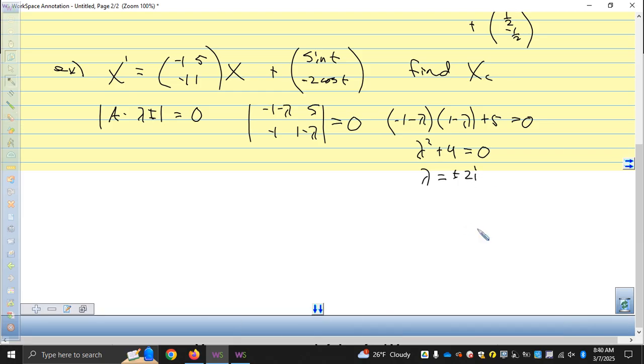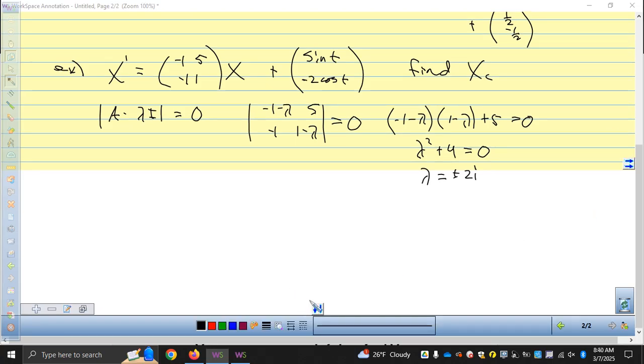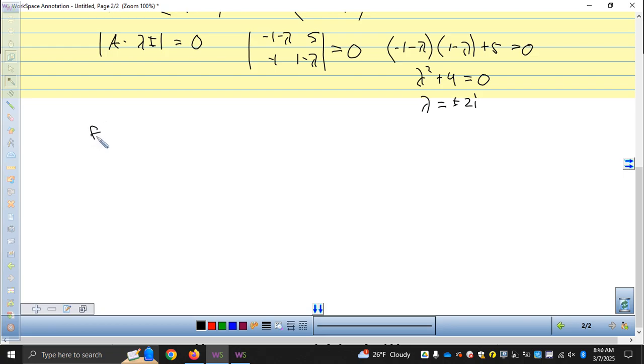So we have complex eigenvalues here. We'll use our process for complex eigenvalues that we talked about yesterday. For lambda equals 2i, the equations we're going to solve are (-1 minus 2i) k1 plus 5 k2 equals 0, and negative k1 plus (1 minus 2i) k2 equals 0.